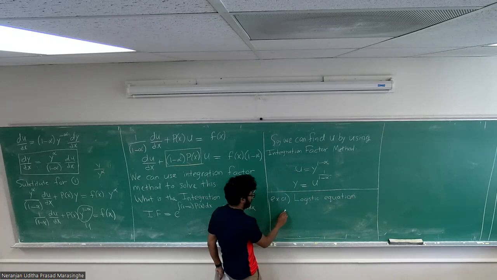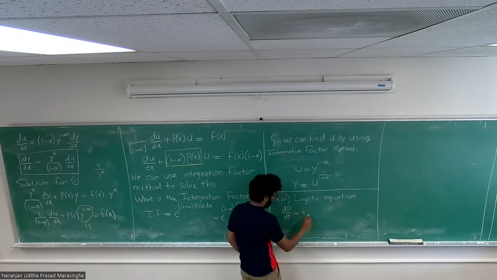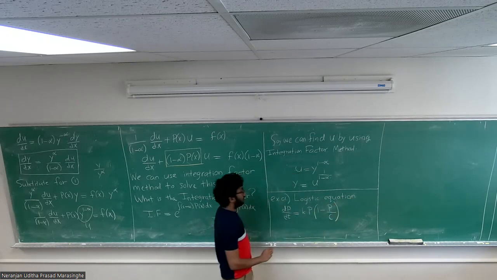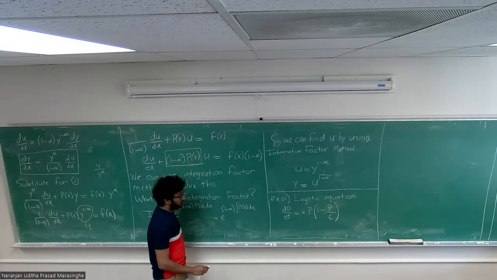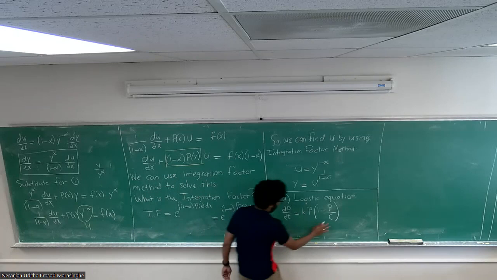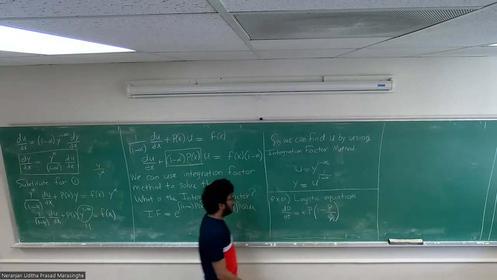Consider the equation dP/dt is equal to k times P times 1 minus P divided by lambda.